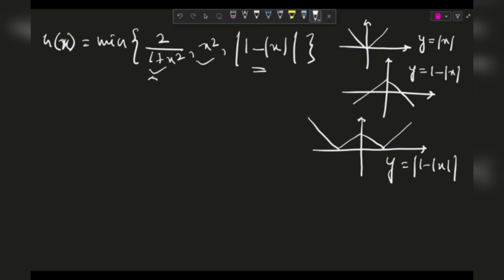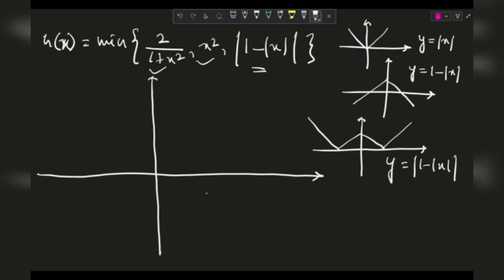And now if we try to ascertain the graph for this minimum thing, I will do it. This is, say, our y-axis. This is our x-axis. And now y equal to x square will be something like this. And if we try to draw 2 by 1 plus x square, okay, when x is 0, that is, it is on the y-axis, it is coming to 2, y equals to 2.